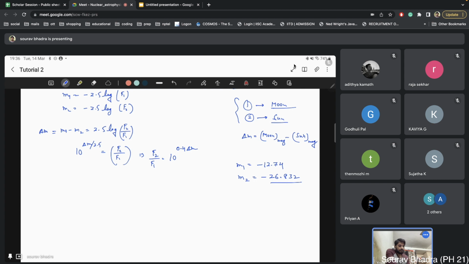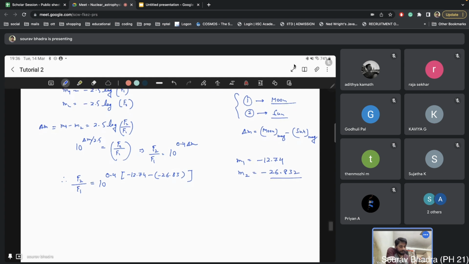Now we will just put that in: F2 by F1 equals 10 to the power 0.4 times delta m, where m1 is minus 12.74 minus m2, minus 26.83. That means 10 to the power 0.4 times 14.09.